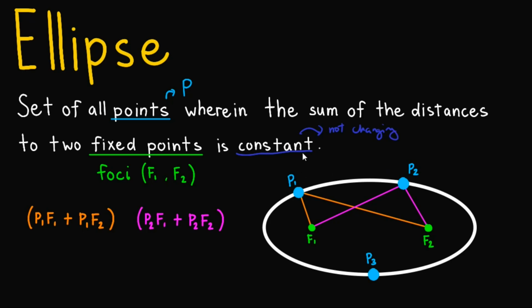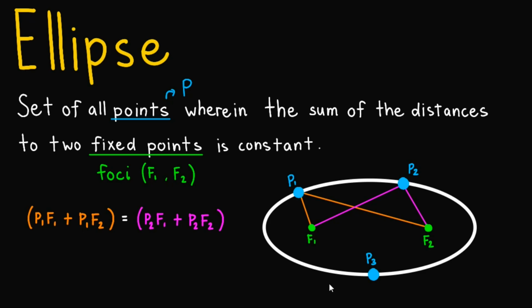So even if we take a point out here, the sum of distances is represented by this, and if we take another point out here, the sum of distances is represented by this. These two are not changing, or in other words, these two are equal, since we have a constant sum of distances. So that is how an ellipse, or its definition, works.